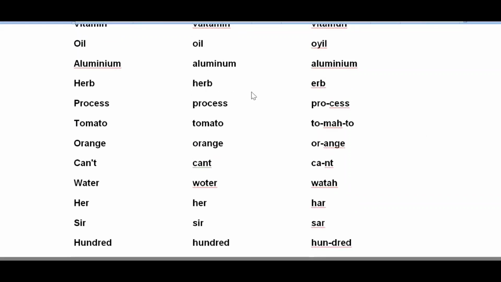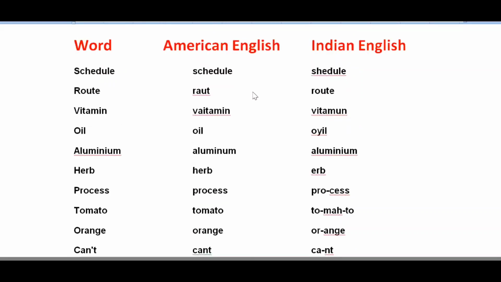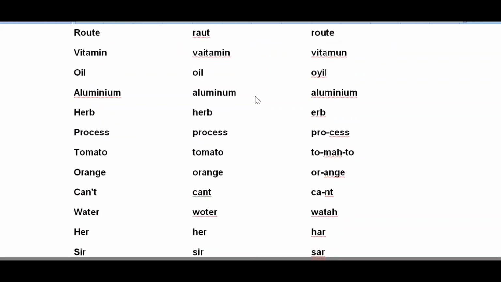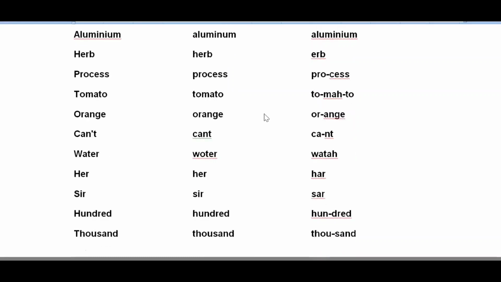At the same time, if I read this in American accent, it would be like schedule, root, vitamin, oil, aluminum, herb, process, tomato, orange, can't, water, her, sir, hundred, thousand.